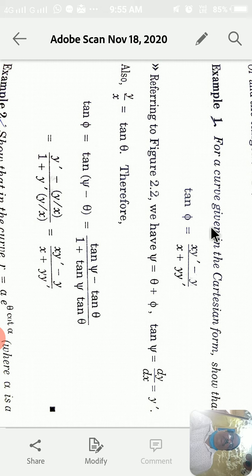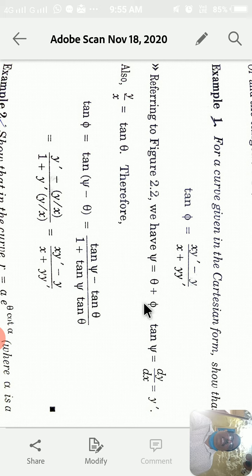For a curve given in Cartesian form, show that tan phi is xy dash minus y divided by x plus y into y dash. Now see here, y dash means dy by dx. We know that psi is theta plus phi, because the exterior angle is equal to the sum of the interior angles.